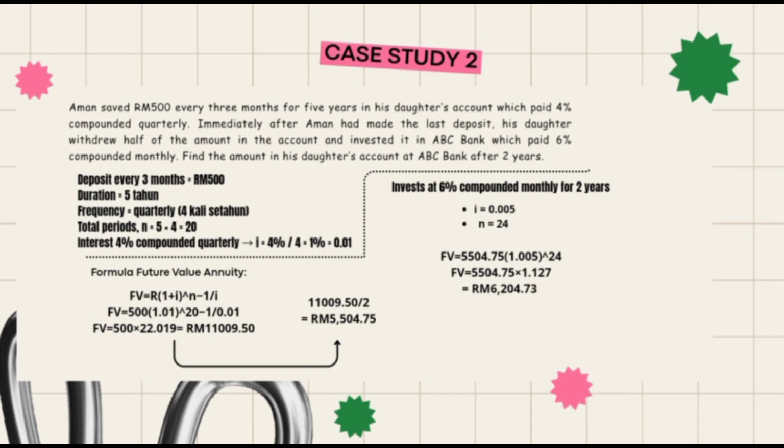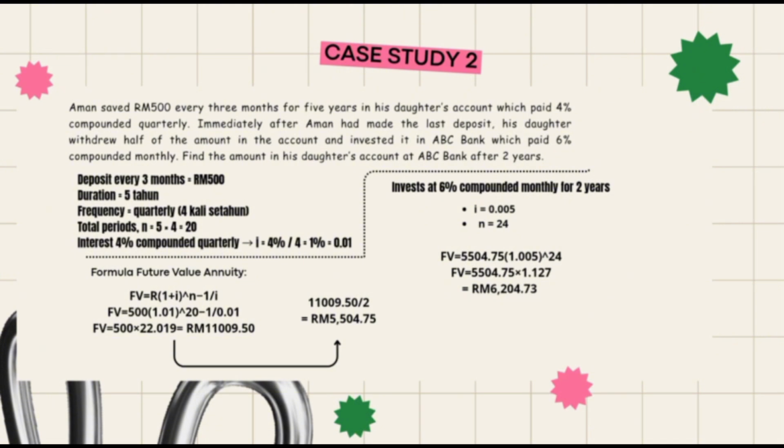So we move to the formula for future value of an annuity. FV equals R times ((1 plus I) to the power n minus 1) divided by I. So we just need to fill in all of the numbers. FV equals 500 times ((1.01) to the power 20 minus 1) divided by 0.01. And we got FV equals 500 multiplied by 22.019, equals 11,009.50.